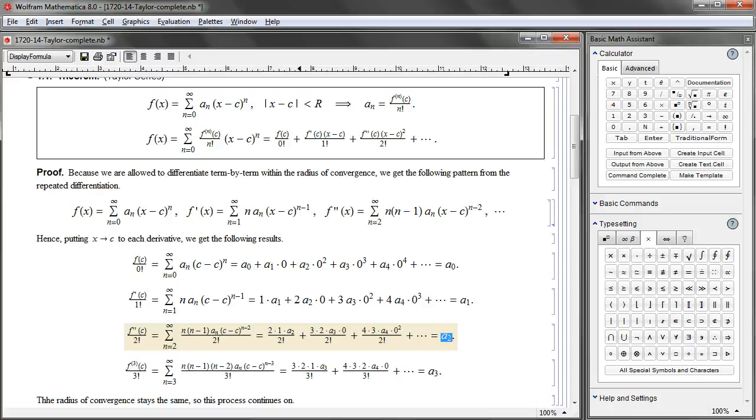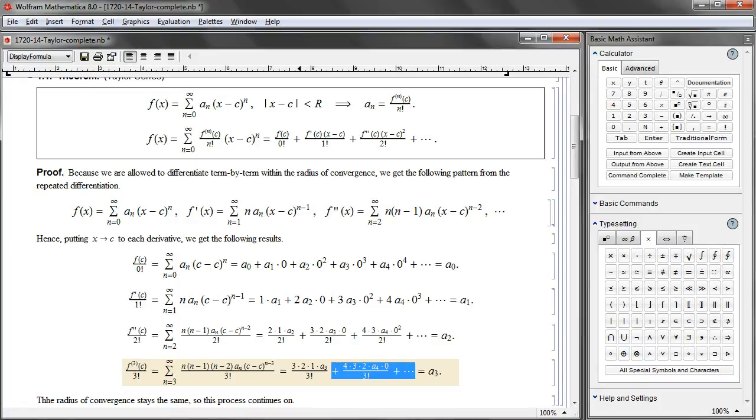Do it once more? Well, here it is. Take the derivative once again, and then over 3 factorial. From the previous entry, n minus 2 will be multiplied up front, and then subtract 1 from the power. We might have this n minus third power. Plug in x equal to c, what do we get? We have c minus c, that's 0. So we have a bunch of zeros again. All these are 0, except for the very first term.